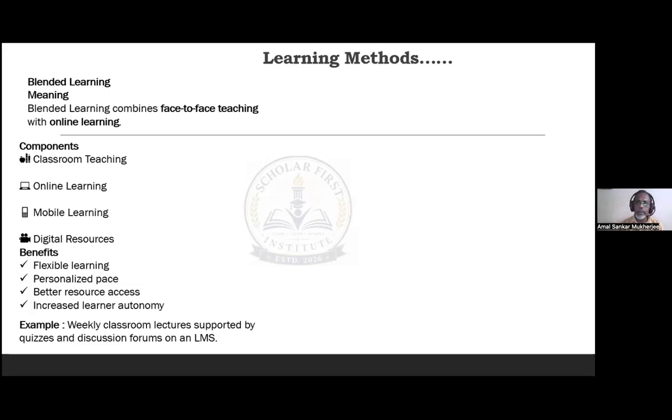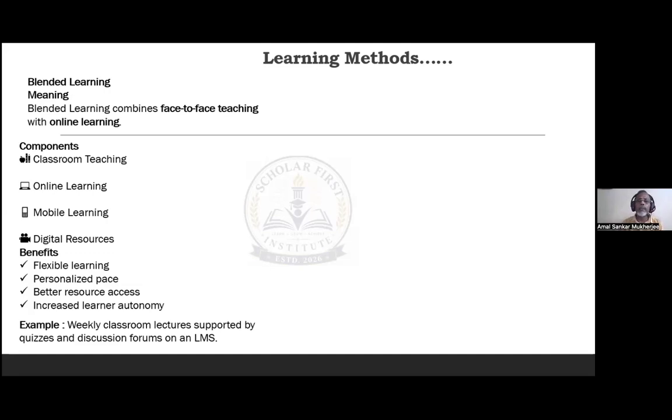Students can learn at their own pace, at their own time, from anywhere. Not mandatorily will they be in the class. So benefits are there: the flexible learning, personalized pace, better resource access, increased learner autonomy. So these are the benefits of the blended learning.